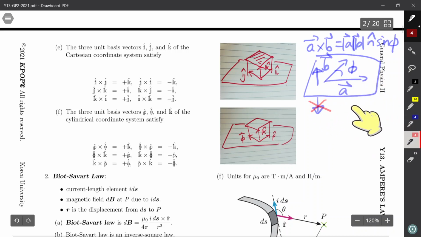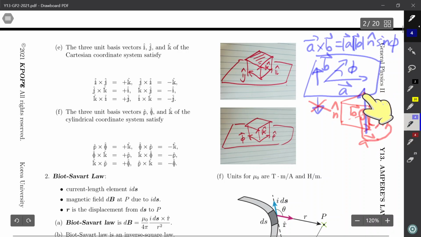But we do not choose just any one. Instead, we choose by the right-hand rule: A, B, and n hat. Use your right hand, swipe your fingers from A to B, and then your thumb is parallel to the n direction.